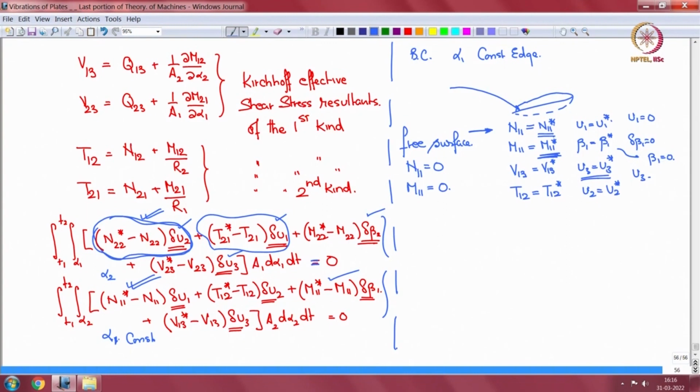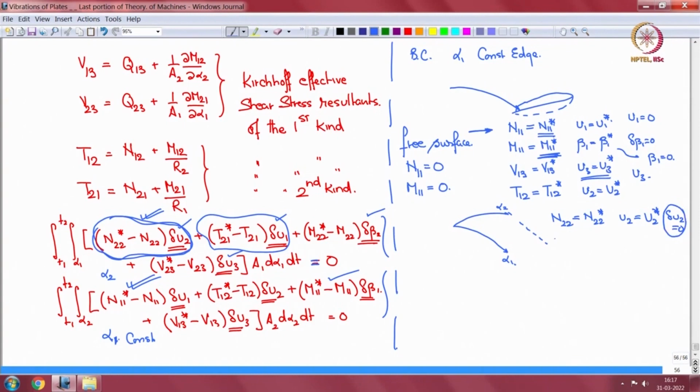Similarly, at an alpha 2 constant edge, you will have N22 equal to N22 star, or U2 is specified. Once it is specified, delta U2 is 0, it cannot be changed.